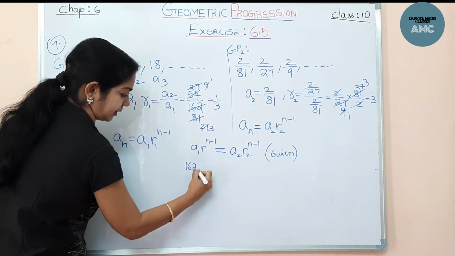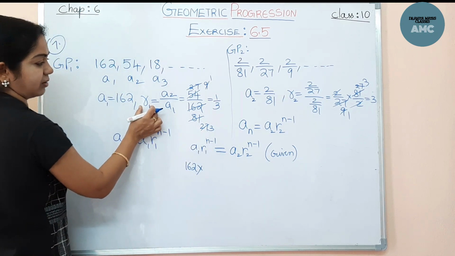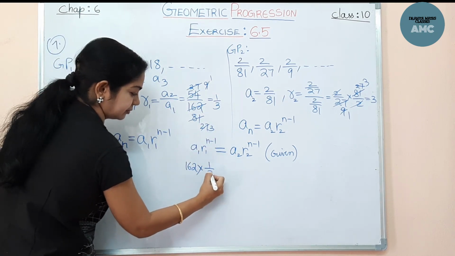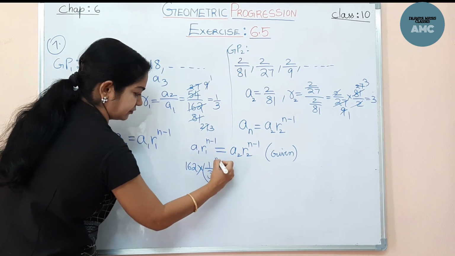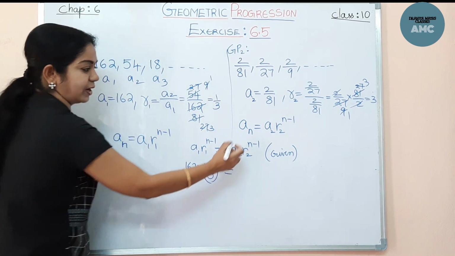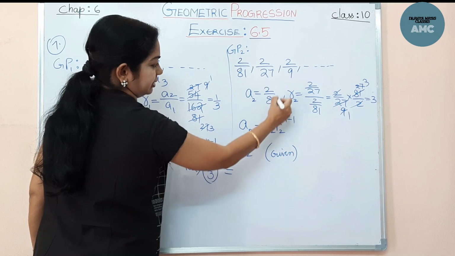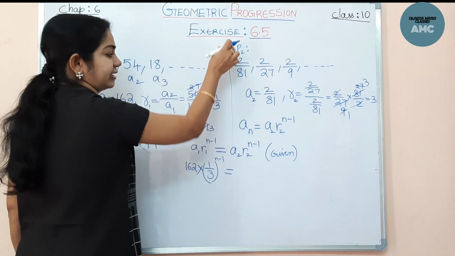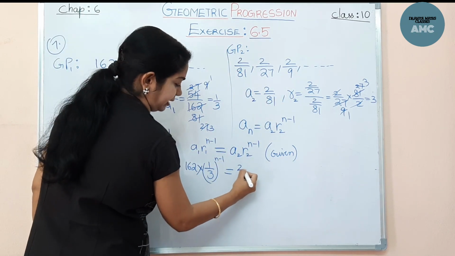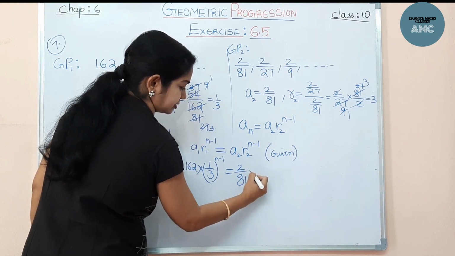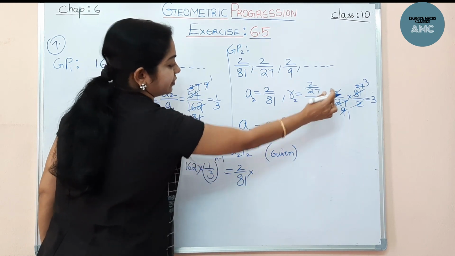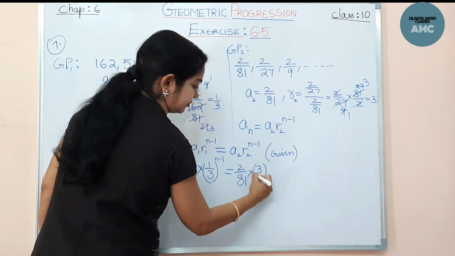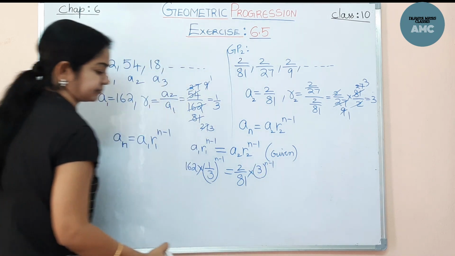A value is 162. Now R1 value is 1 by 3, raised to the power of n minus 1. Now A2 value, A2 means the first term in the second series, that is 2 by 81 into R2. R2 we found out is 3, raised to the power of n minus 1.